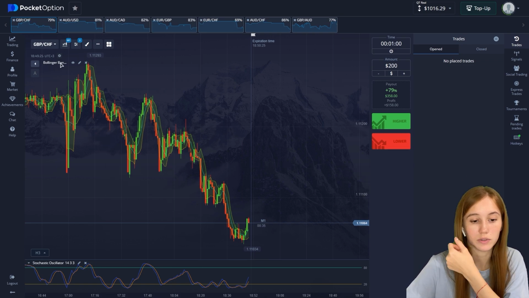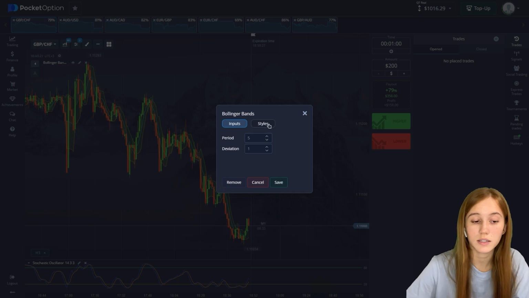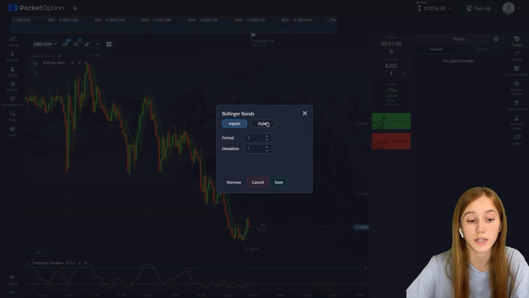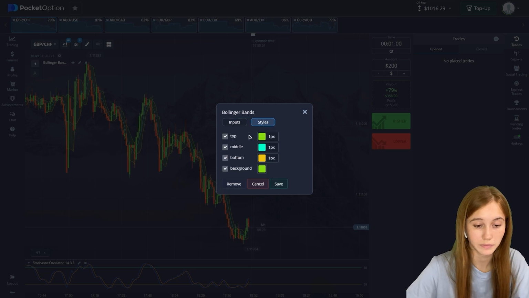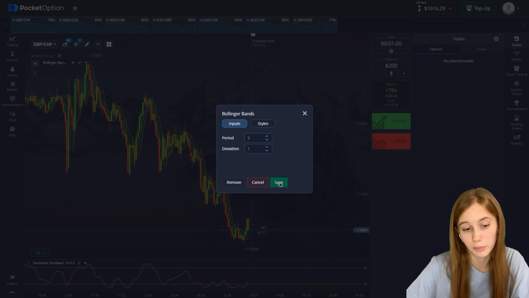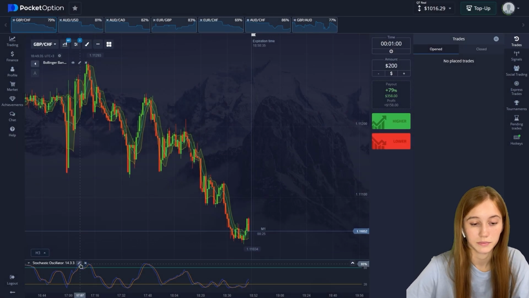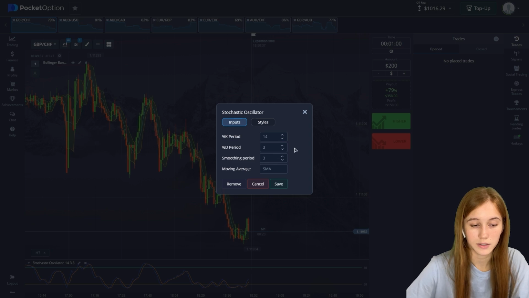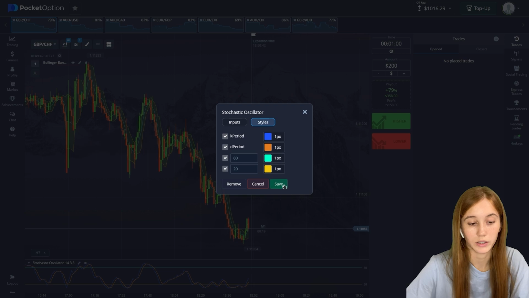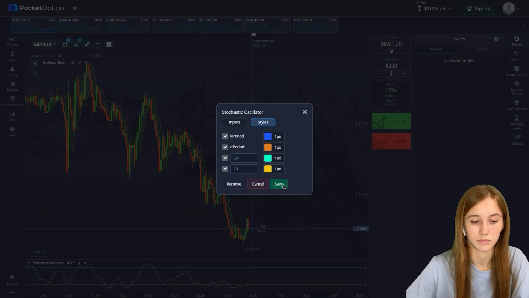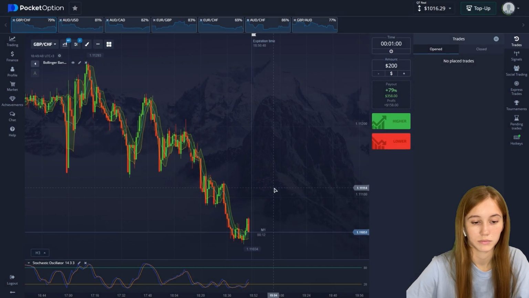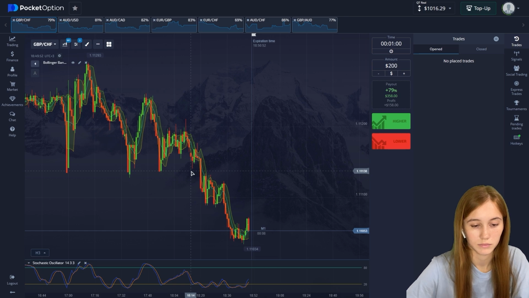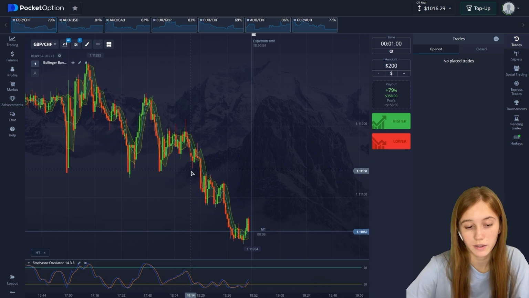We also use technical analysis and 2 indicators, Bollinger Bands, you see, you can copy the settings, and the stochastic oscillator, you can also copy the settings. So I showed everything, I think.